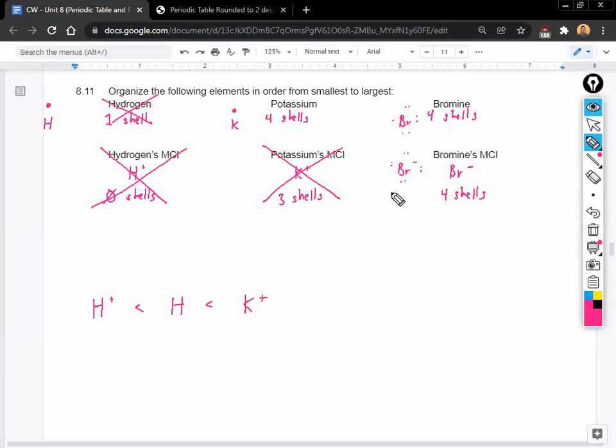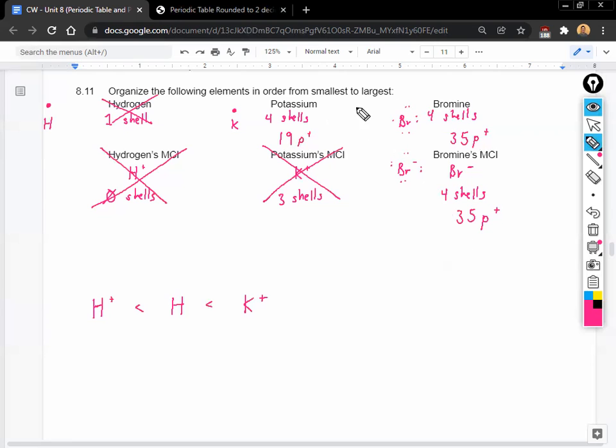So let's go to the protons now. How many protons does potassium have? 19. How many does bromine have? 35. And what about Br minus? 35, exactly. So we have 19, 35, and 35.